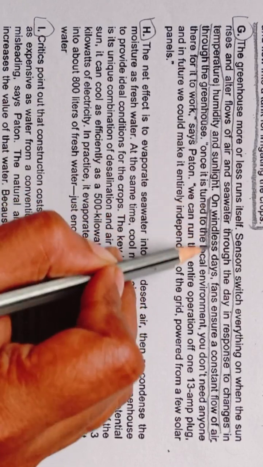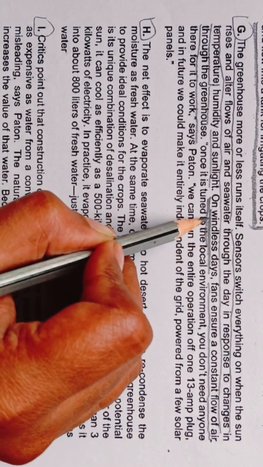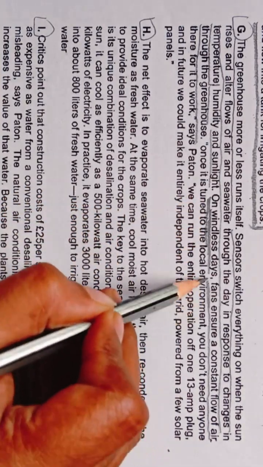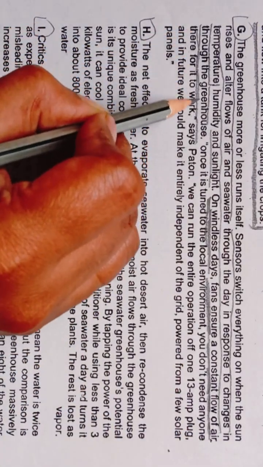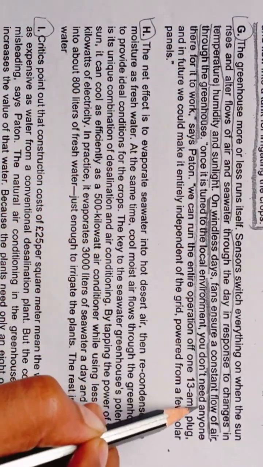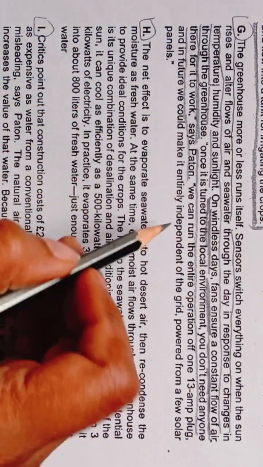What they are saying, on windless days, means when wind is not there. Once it is tuned to the local environment, you don't need anyone there for it to work, says Pattern.